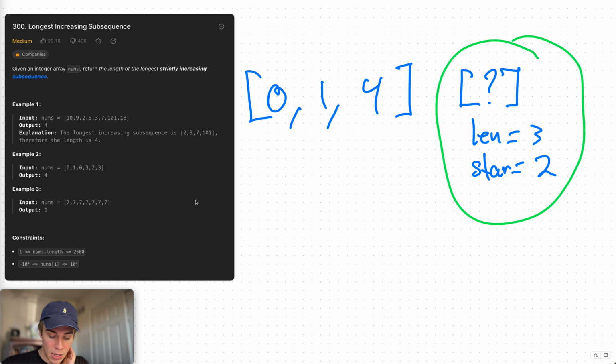Well, let's see. If I was to consider 4 to be in my longest subsequence, would this 4 contribute to or play well with my secret array? Well, at first glance, why not, right?